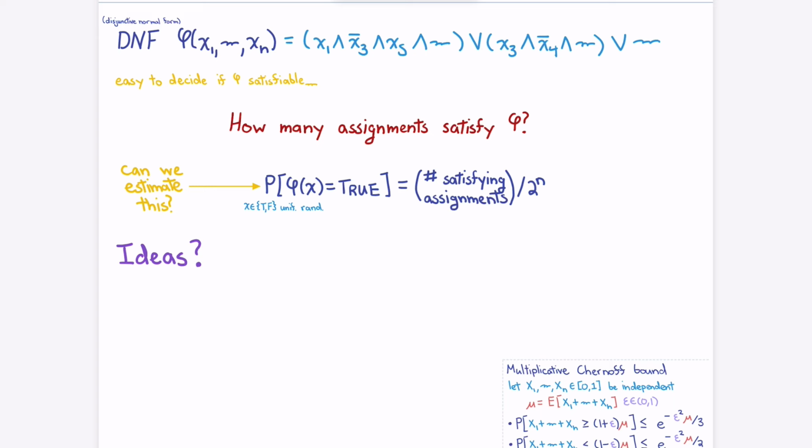Okay, I can try to do inclusion exclusion. So what would the algorithm do first? Okay. So one thing to keep in mind is that even if there were 2 to the square root n satisfying assignments, that's a big number, but mu is still very small because it's 2 to the negative square root n.